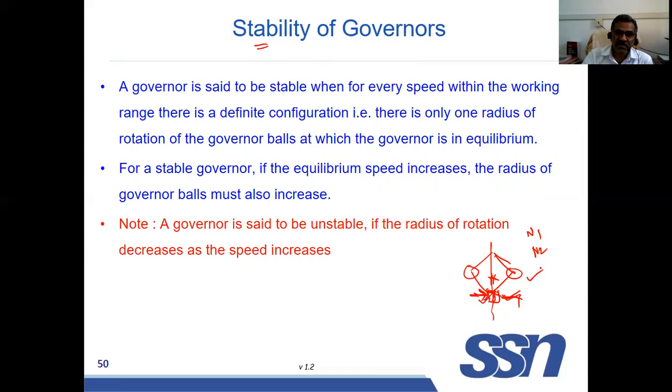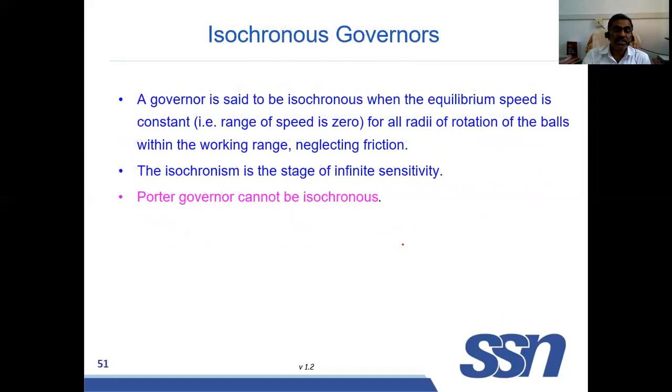So this type of governor only we require. For a stable governor, if the equilibrium speed is increased, the radius of the governor ball must also increase. Now, isochronous. Isochronous means the governor has infinite sensitivity.